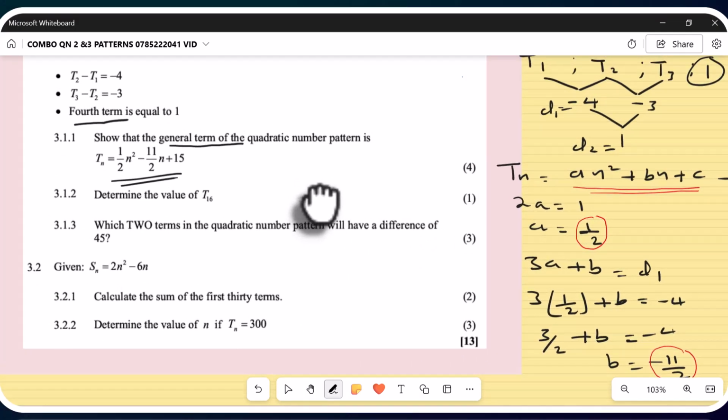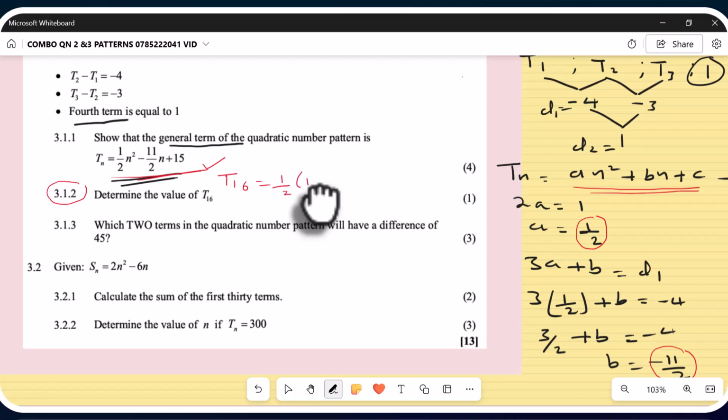T16 equals 1 over 2 times 16 squared, and then minus 11 over 2 times 16, and then plus 15.